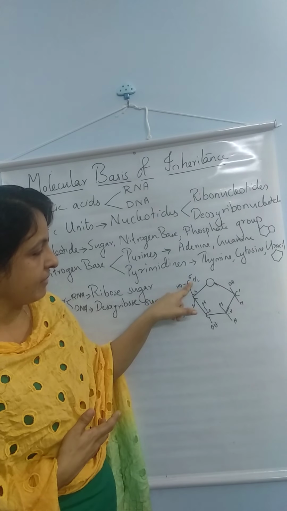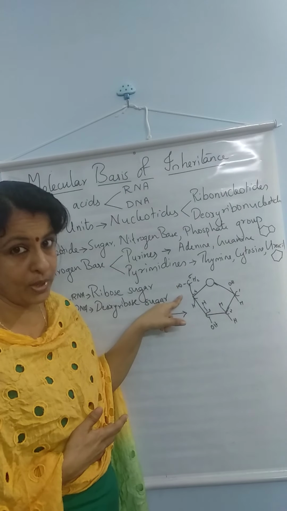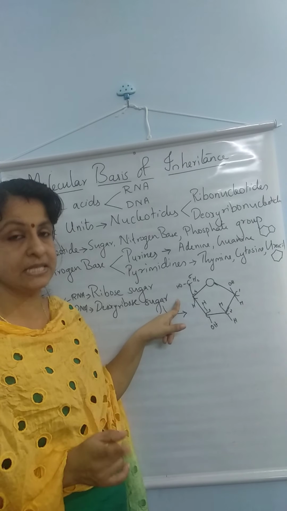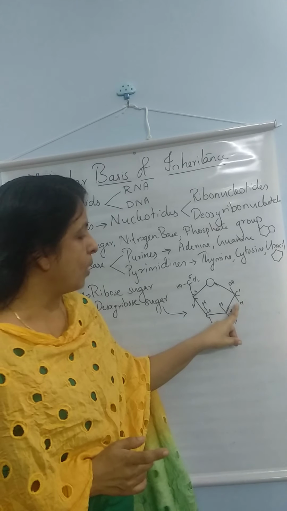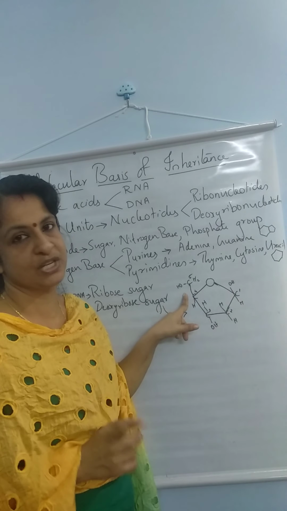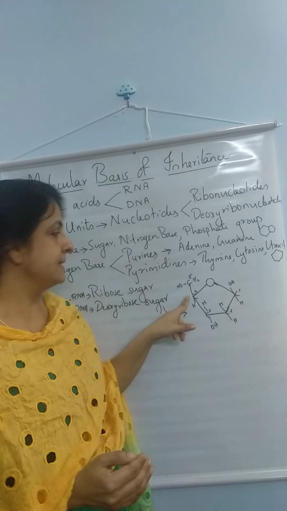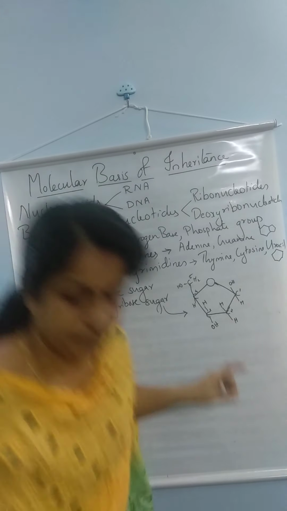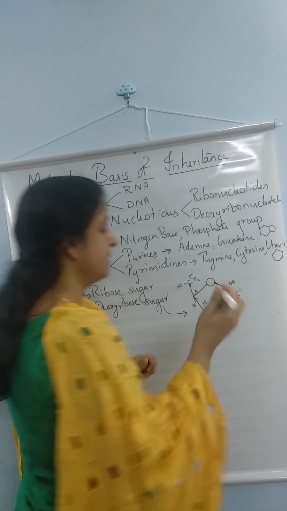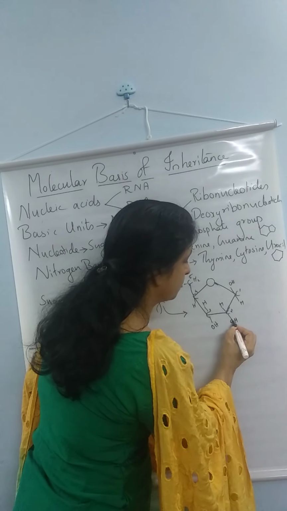Here also 5 dash carbon is also having an OH group. So OH group is present in case of deoxyribose sugar only in 1 dash, 3 dash and 5 dash carbon position. Whereas in case of ribose sugar, this H here is replaced by an OH group.